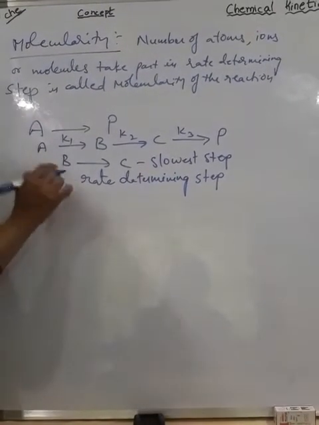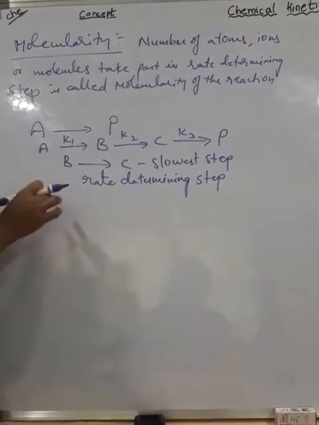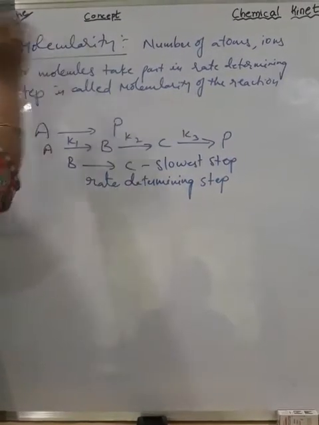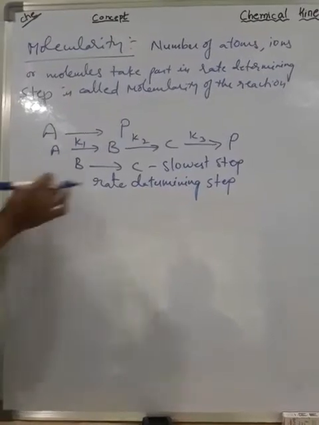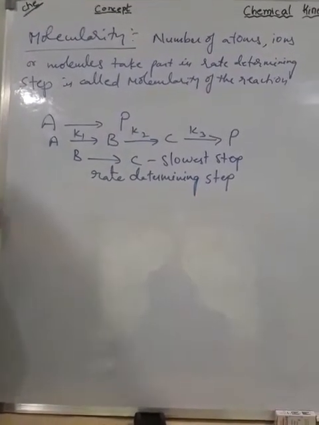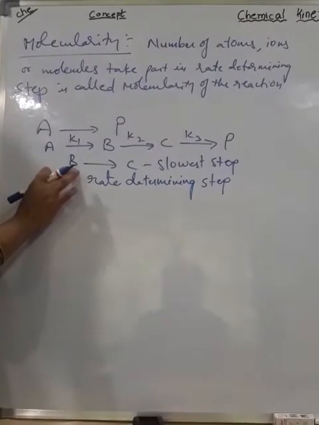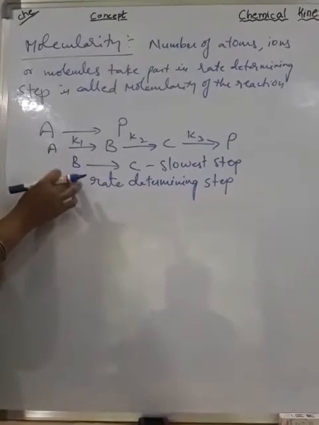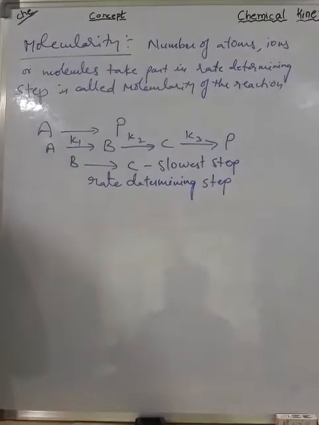The number of atoms, ions or molecules present in this step is the molecularity of the reaction. In the rate determining step, B gives C. So only one atom is there, so molecularity is 1 for this reaction.